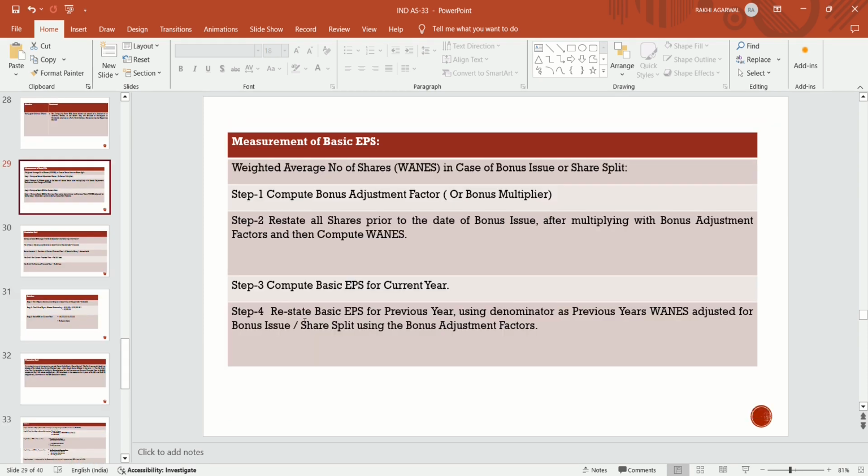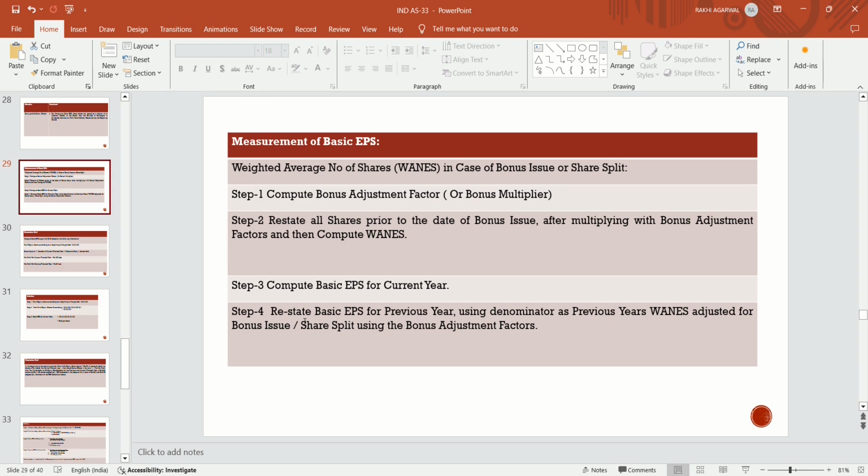Now we will take another concept, bonus issue. What happens if an entity issues bonus shares? How to calculate the weighted average number of shares in case of bonus issue or share splits? Compute the bonus adjustment factor or bonus multiplier.